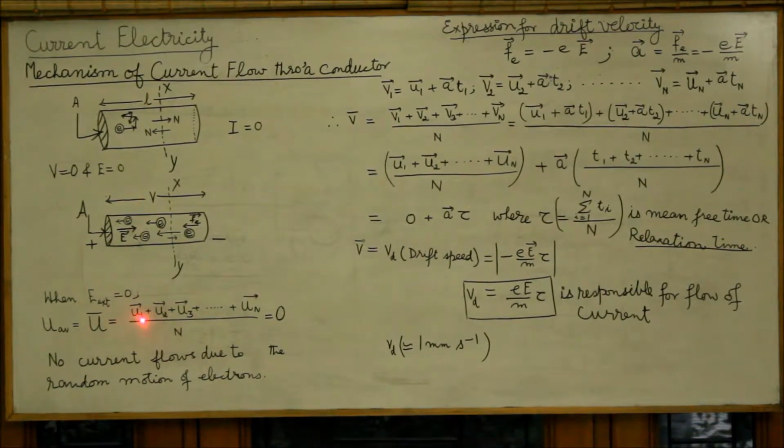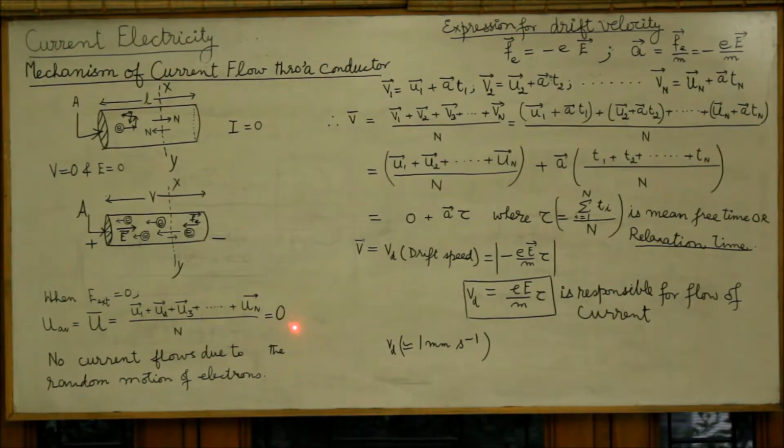If U1, U2, U3 and so on, Un denote the random thermal velocities of the free electrons, then the velocity averaged over the total number of free electrons available in the conductor is zero.